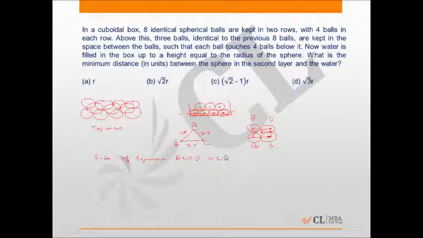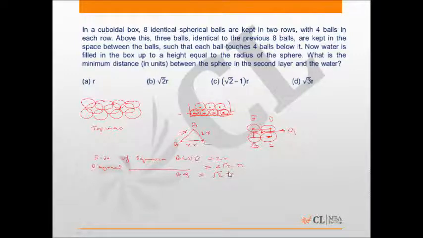So the diagonal of this square will be 2 root 2 r. The point exactly below A in the same plane where the square BCDE lies, let's say the point is Q. So the distance BQ will be half of 2 root 2 r, that is root 2 r.